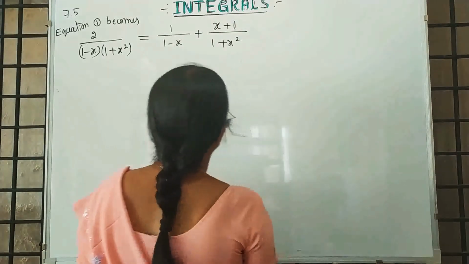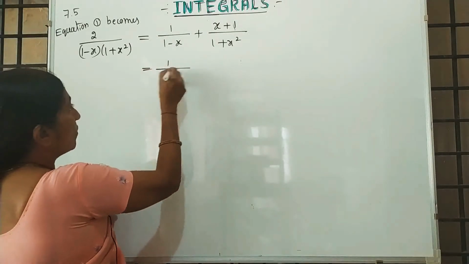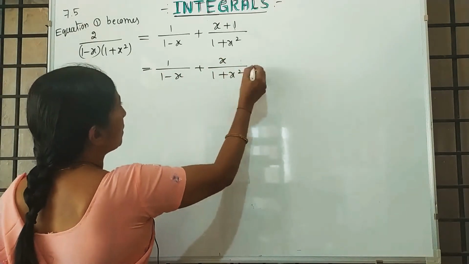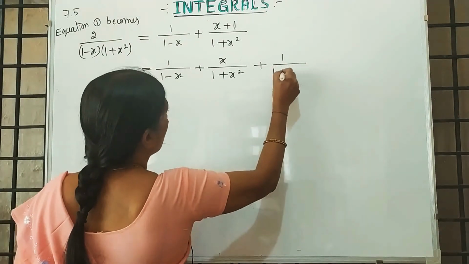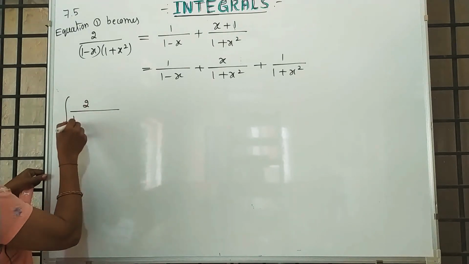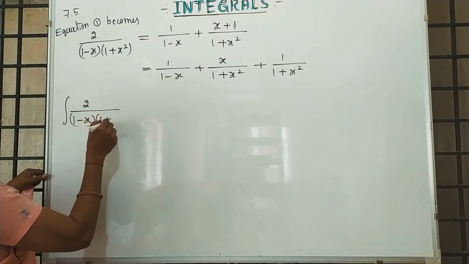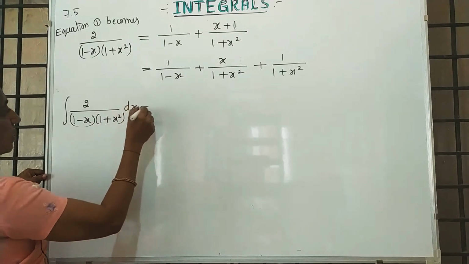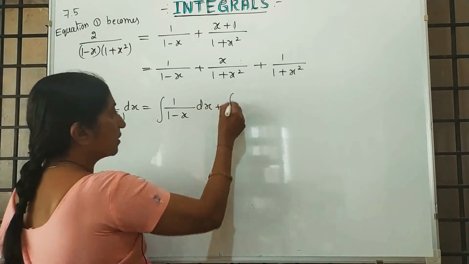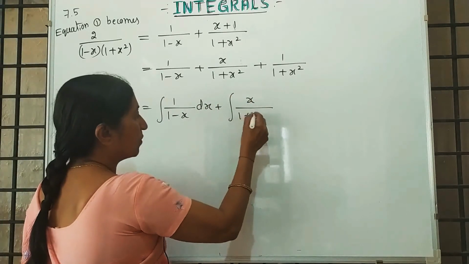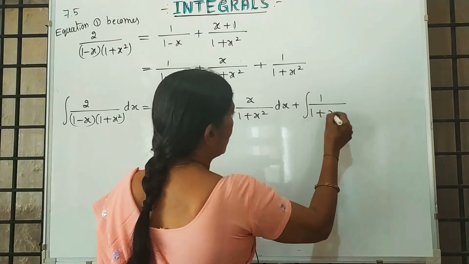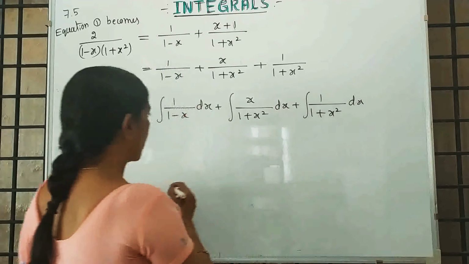So I am doing one adjustment here: 1 upon (1 minus x) plus x upon (1 plus x square) plus 1 upon (1 plus x square). Now we integrate both sides with respect to x: integral of 1 upon (1 minus x) dx plus integral of x upon (1 plus x square) dx plus integral of 1 upon (1 plus x square) dx.